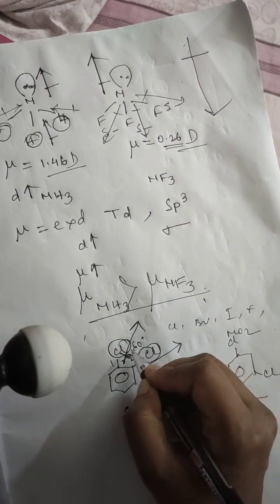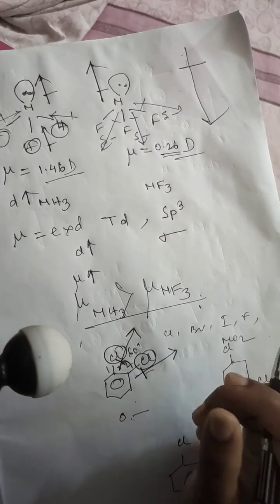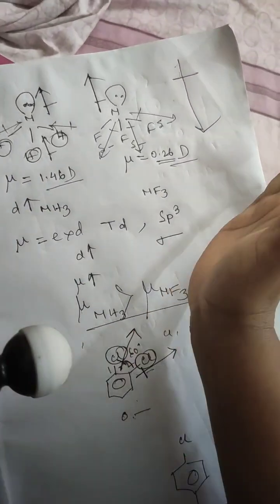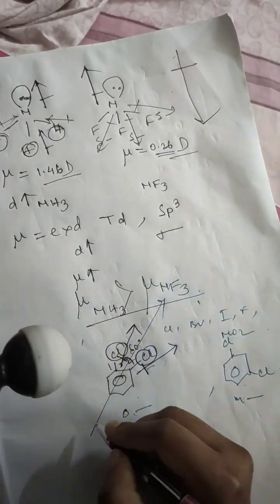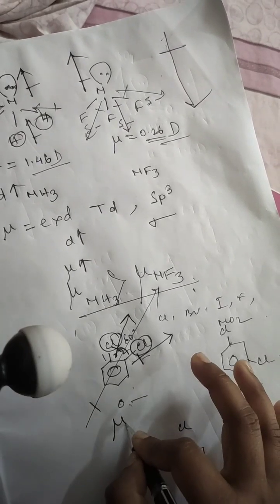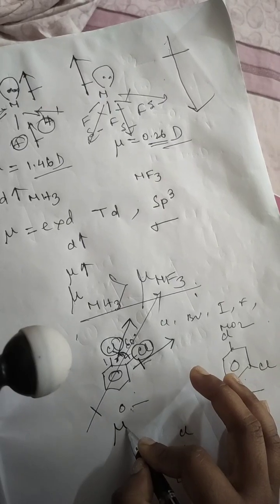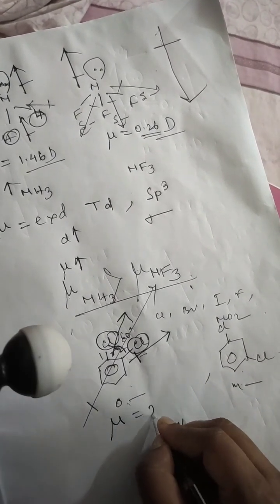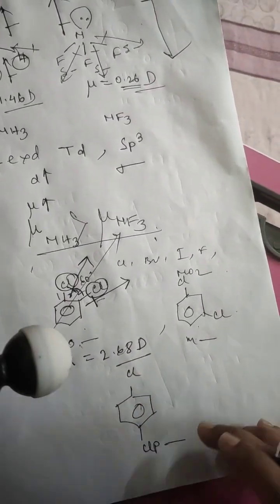So its distance is nearly small, so its mu value also goes in this direction. Let us consider the upward direction. As the two chlorines are highly electronegative, its mu value is also greater, so its mu value is 2.68 D. So this is a very large value.